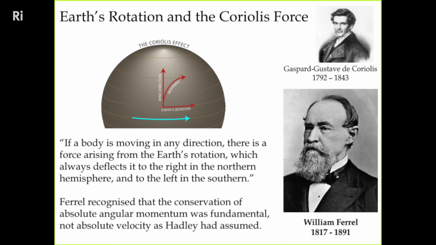And that's where it stayed for actually, again, quite a long time, until we get to Coriolis, who was looking specifically at the motion of an object in a rotating frame of reference. Of course, highly relevant to the atmosphere. And it was Ferrel in particular that picked this up and realized that actually in the rotating frame of reference for us sitting on the planet, if a body is moving in any direction, there is a force arising from the Earth's rotation, the Coriolis force, as we call it now, which always deflects it to the right in the northern hemisphere and to the left in the southern.